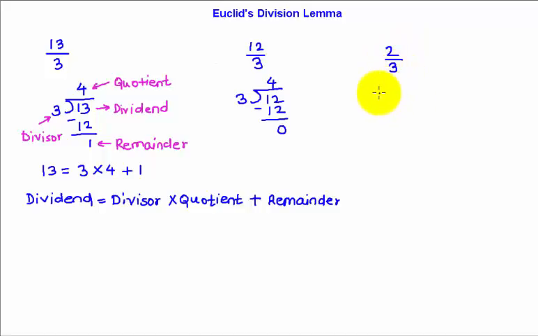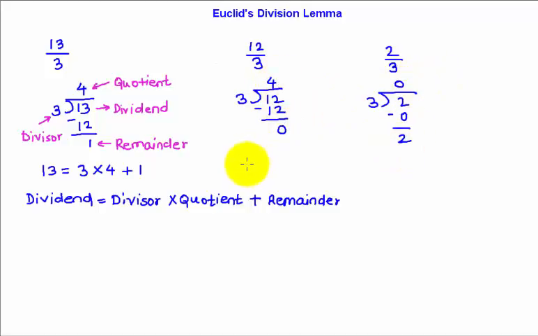If the number of pencils is 2 and the students are 3, then obviously 3 will not go into 2, so 3 zeros are 0, so 2 minus 0 is 2. Now in all 3 cases we can see that the values of quotient and remainder are unique. So in this case there will not be any other combination apart from 4 and 0, and in this case 0 and 2.